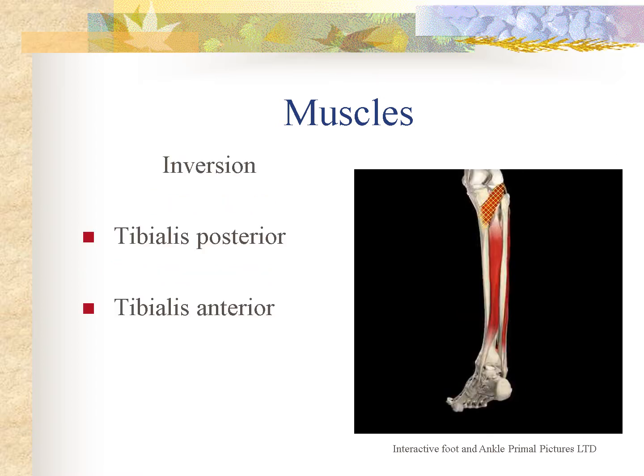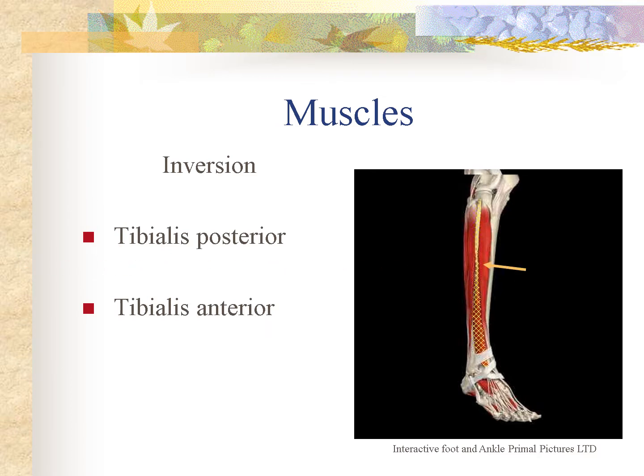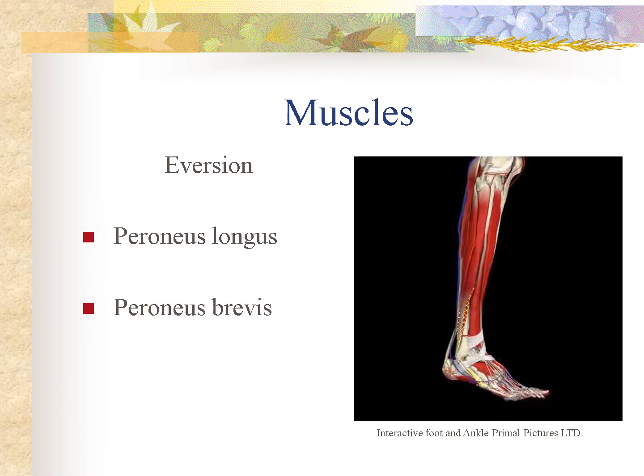For inversion, we use the tibialis posterior and the tibialis anterior together to pull the ankle out, kind of like when we had ulnar and radial deviation and used both sides of our front and back of our forearm. Posterior and anterior. For eversion, we use the peroneus longus and peroneus brevis.